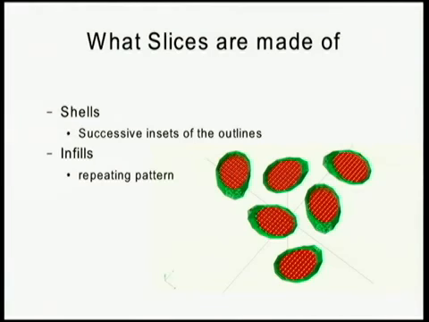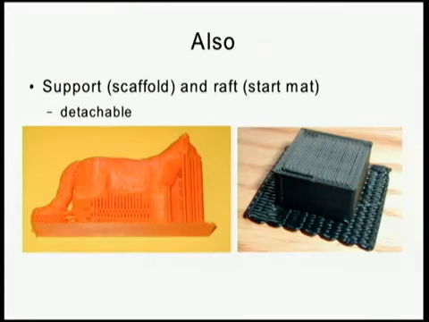The red grids are the infills, and they're usually a repeating pattern of a specified density. Sometimes you need a bit more. There are also some detachable structures, like the raft that you see on the right, which is kind of this mat on which you can create your objects, and makes it easier to grow from the first few slices. And then there's also support, because when you're printing something like the cat on the left, sometimes you're starting slices in midair.